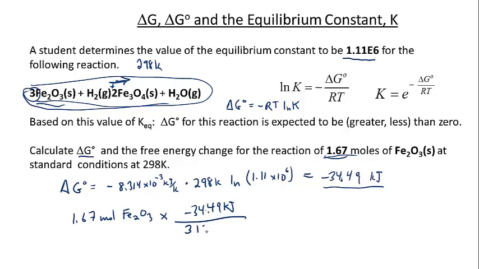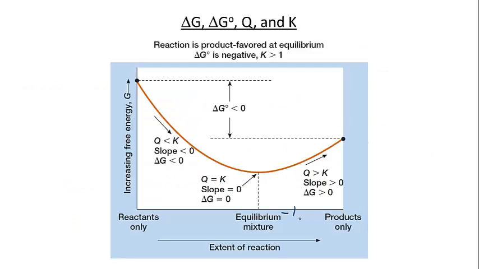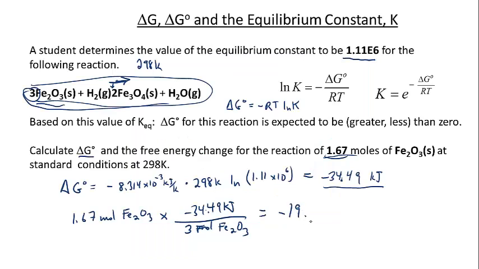So it's per 3 moles of Fe2O3. And that gives minus 19.2 kilojoules.